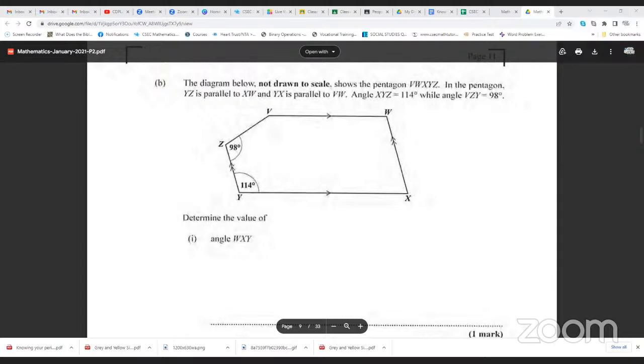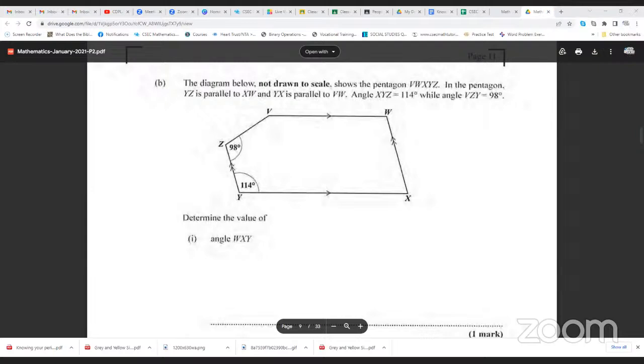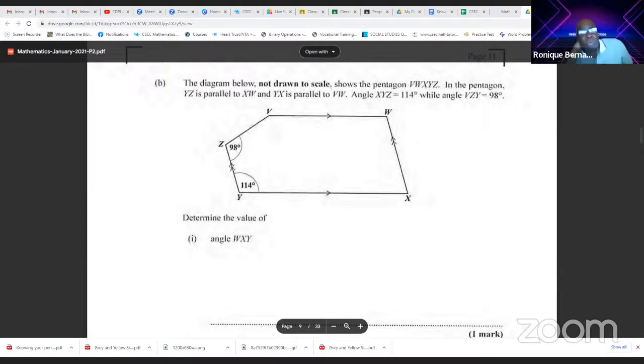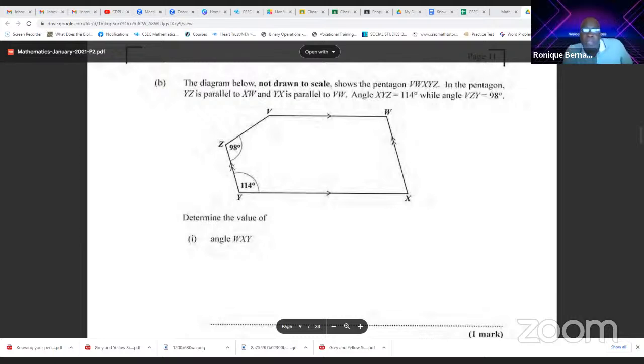To find the angle. No, but what was it? What was the fact that we were working with to find angles? We were working with that fact. What was that fact?